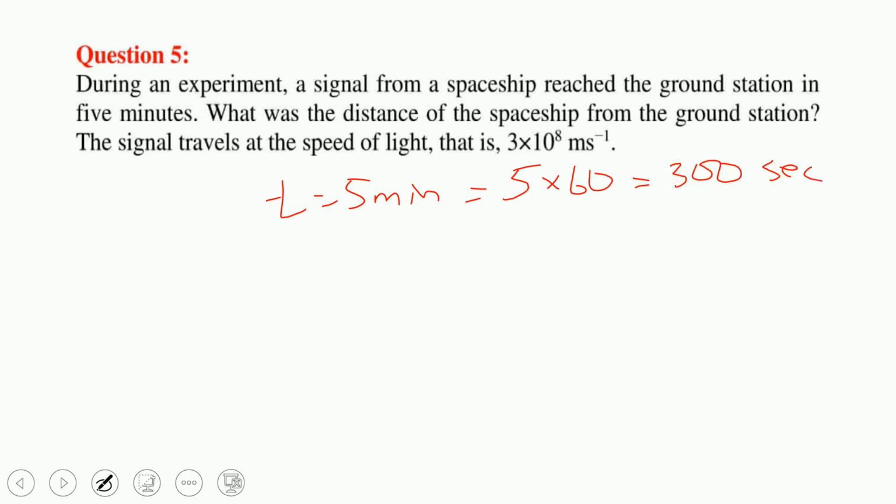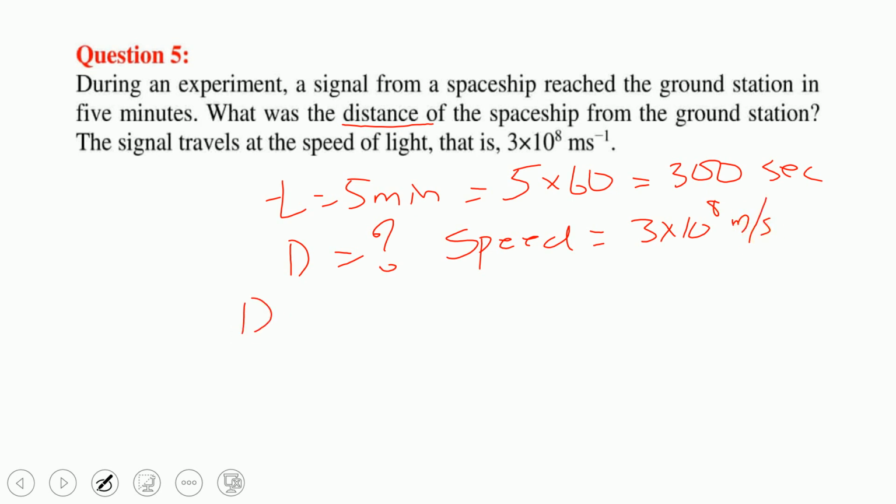And we have to find the distance. The speed is given: 3 into 10 raised to 8 meter per second. So here the distance is equal to speed into time, correct?